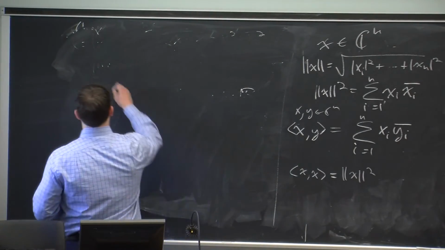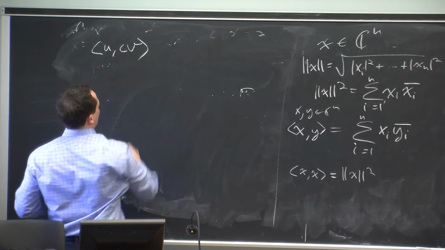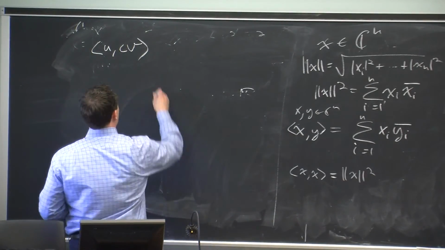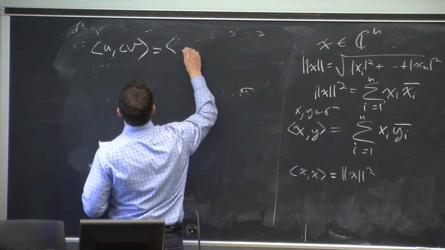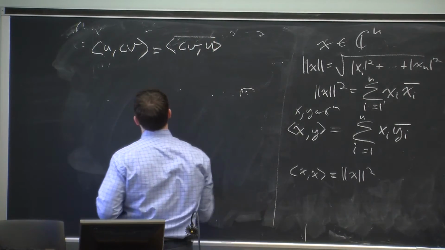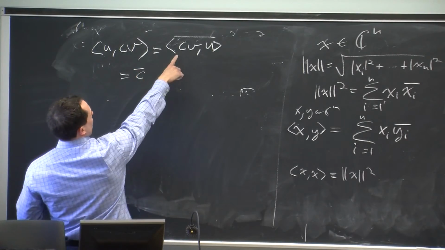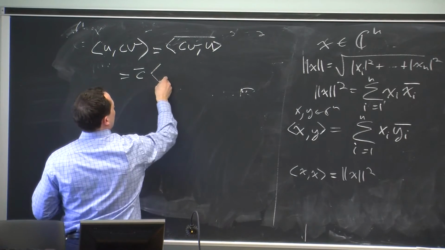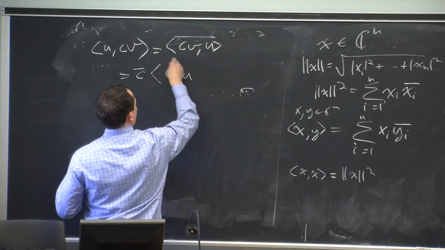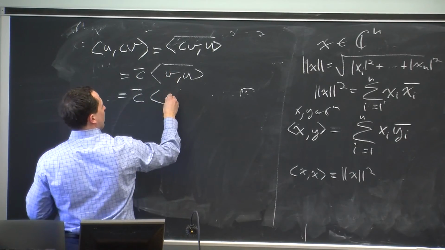But if I do the other thing, if I do scalar multiplication in the second slot, I can swap them at the cost of conjugation, and then I pull out the c, but it's been conjugated, and I can't get rid of that. C bar, and then I can swap them again at the cost of conjugation.